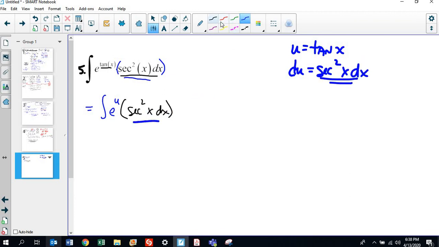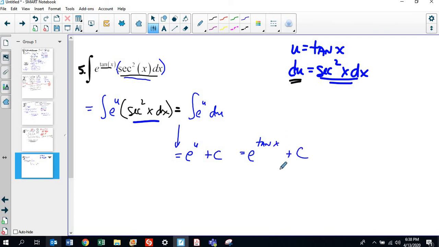Replace that here with du. And so I end up with the antiderivative of e to the u du. They match perfectly, no numbers, no nothing. And then what's the rule? Do the rule, e to the u plus c, and take it back. E to the tangent of x plus c.